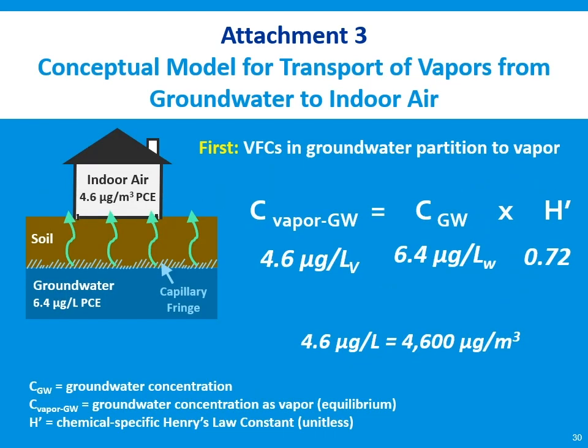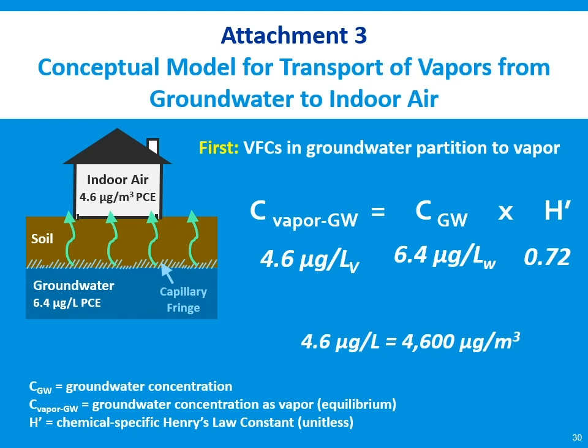A simple method for determining the soil gas vapor concentration right above the top of the groundwater is to use the Henry's Law constant. Groundwater concentrations are just multiplied by the unitless Henry's Law constant. As shown here, the tetrachloroethylene concentrations in groundwater of 6.4 micrograms per liter is multiplied by the Henry's Law constant of 0.72.